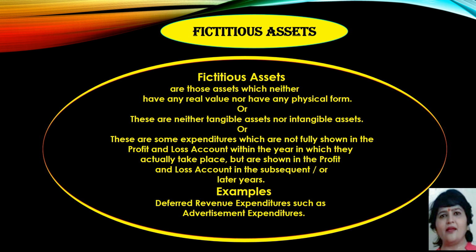In other terms, these are the assets which are neither tangible assets nor intangible assets. Let us try to understand in a simplified way. Fictitious assets are those expenditures which are not fully shown in the profit and loss account within the year in which they actually take place, but are shown in the profit and loss account in the subsequent or later years. They are called fictitious assets.